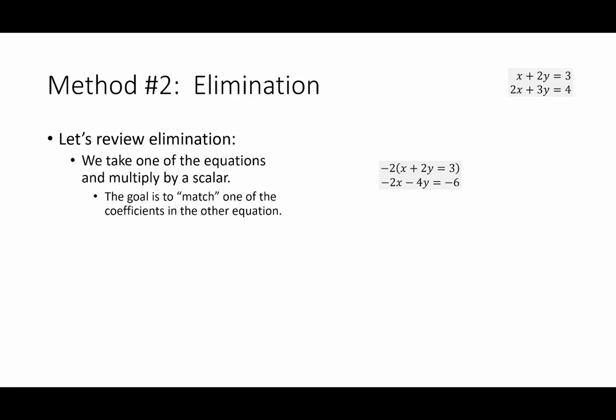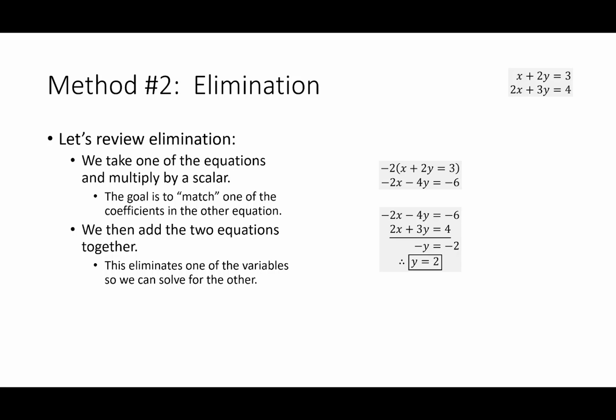So it'll pick this magic number, in this case -2. So it takes the entire equation and multiplies it by -2. So instead of x plus 2y equals 3, it's -2x minus 4y equals -6. And the reason that we do that is because this -2 in front of the x matches the +2 in front of the x on the next equation.